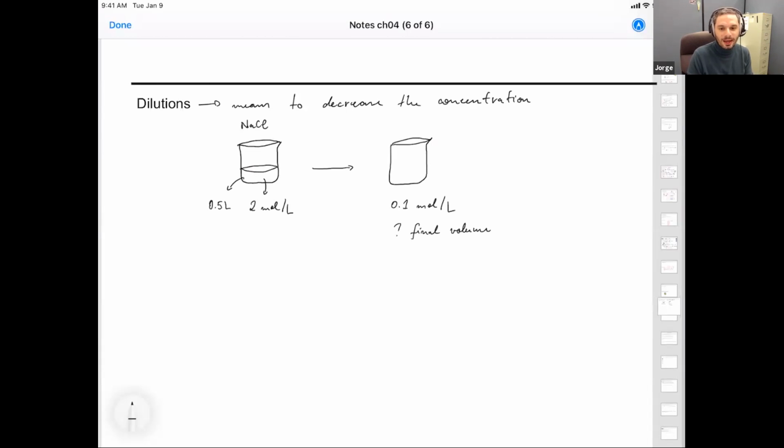See here that I'm decreasing the concentration. So that means now we have the same amount of material dispersed in a larger volume. Therefore, every time you dilute a solution, we are just increasing the volume, okay? And the amount that the volume is increased will depend on which final concentration we want to achieve.